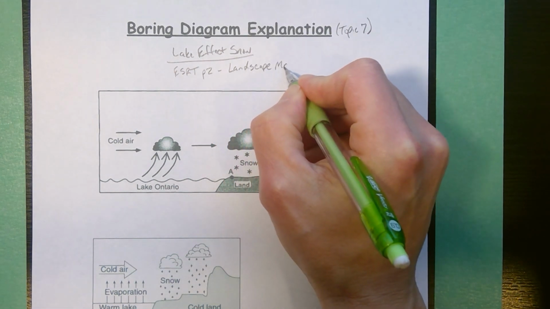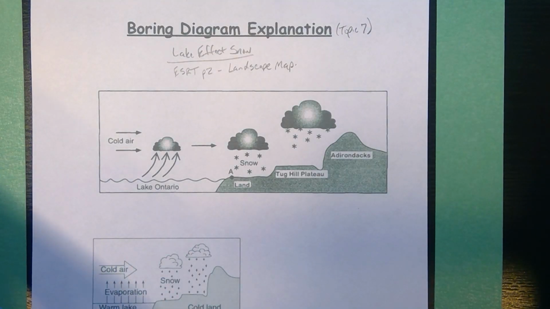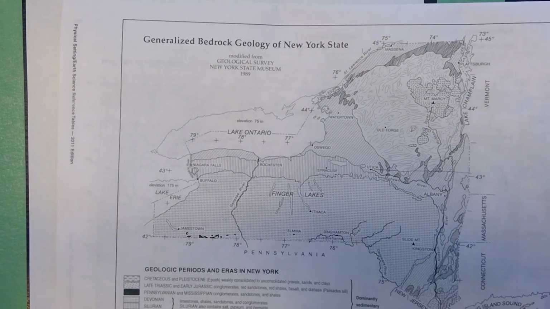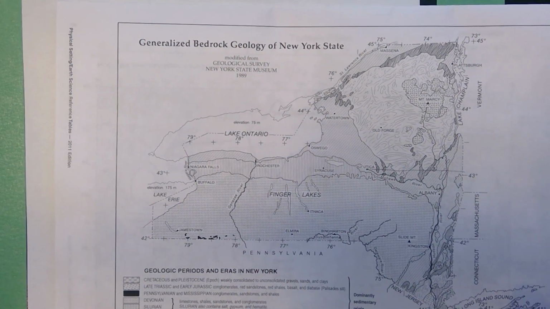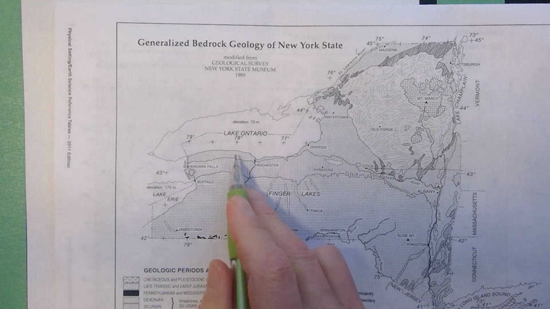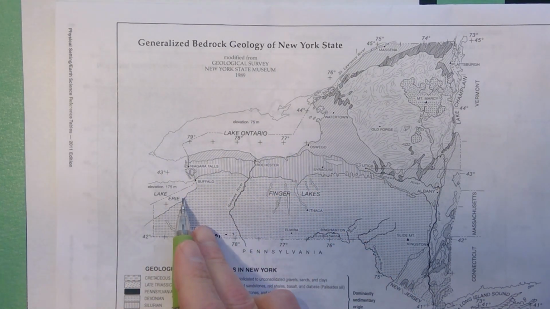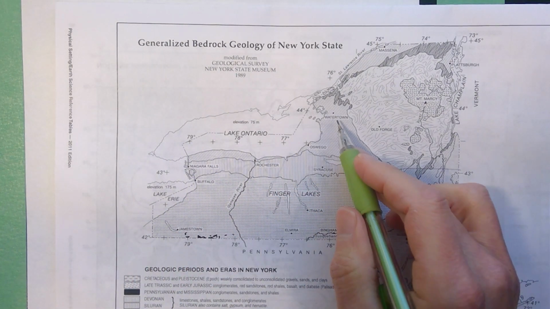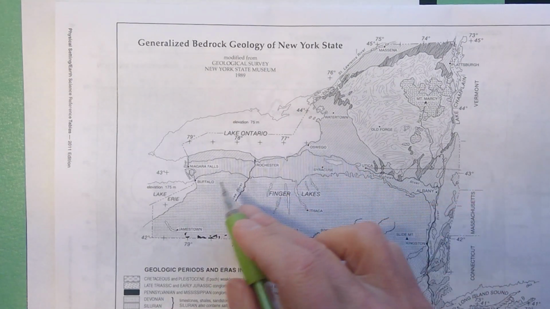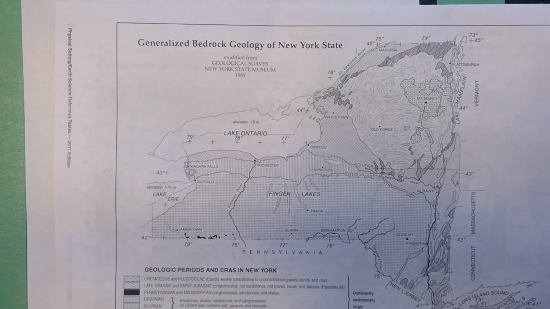When you look at New York State, you'll see on this map, which is page 3 actually, you've got two Great Lakes. You've got Lake Ontario and you have Lake Erie. Now, New York happens to be on the eastern side of both of those Great Lakes.